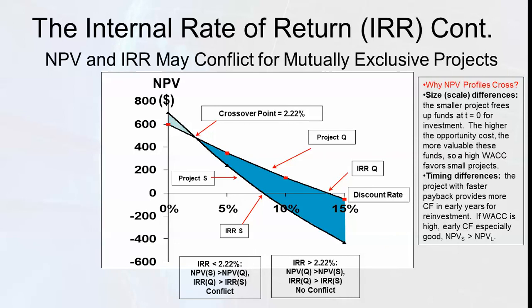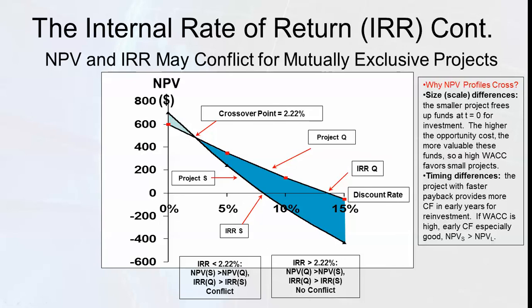Size is basically the investment. The smaller project frees up funds at time 0 for investment, so the higher the opportunity cost, the more valuable these funds. So a high WACC favors small projects.